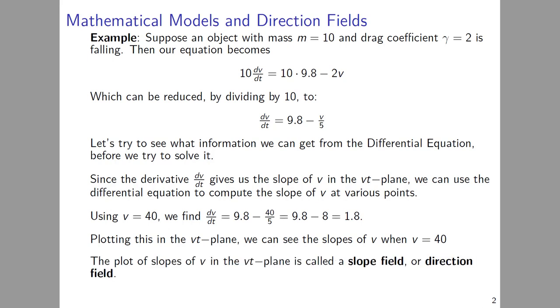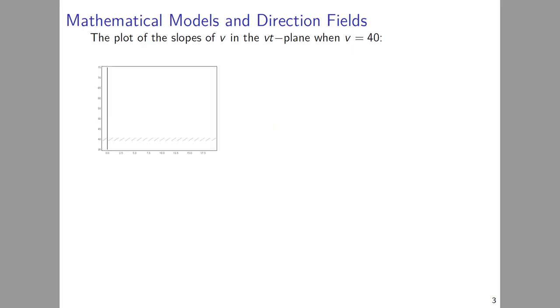The plot of slopes of v in the vt plane that we're talking about is called the slope field or direction field. Let's compute some more and take a look at it. From the computation we just did, we know that the slopes of v when v equals 40 are all 1.8. So along the line v equals 40, the slopes of the solutions will all be 1.8.